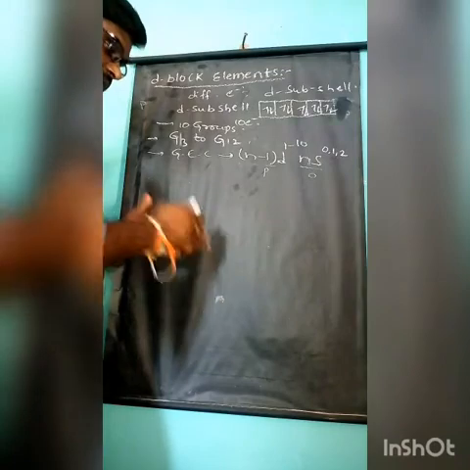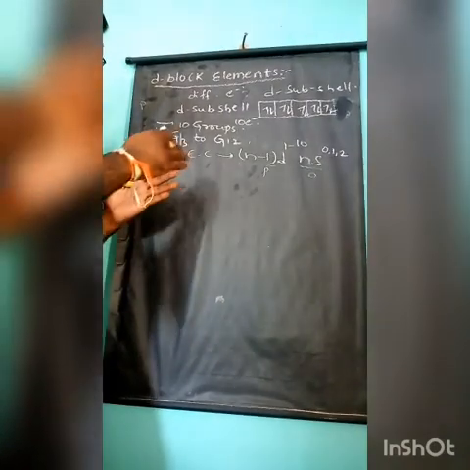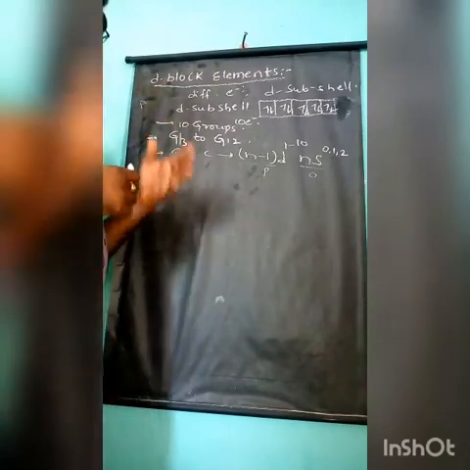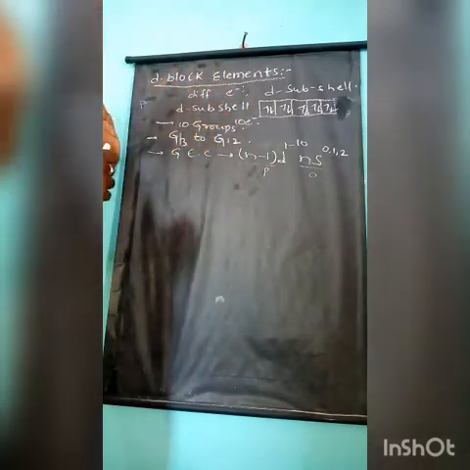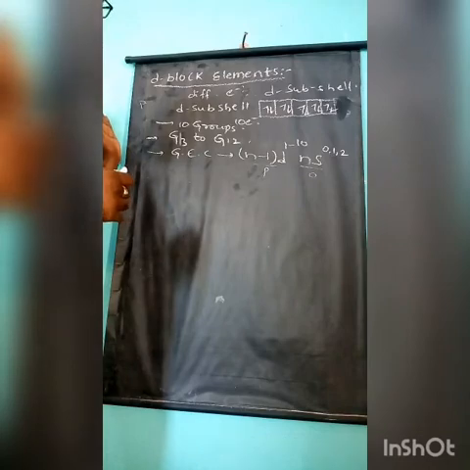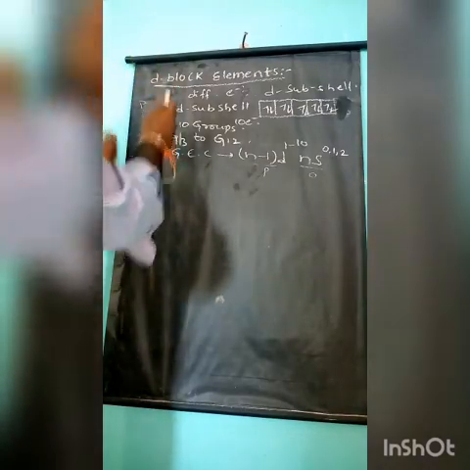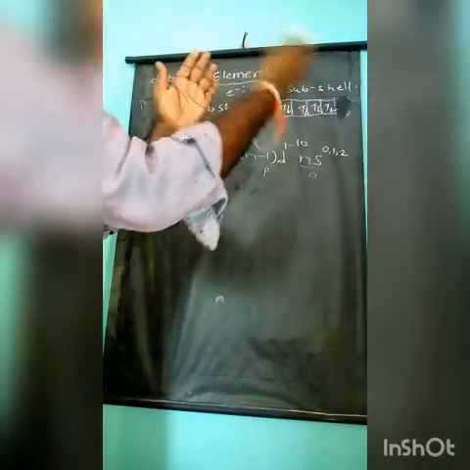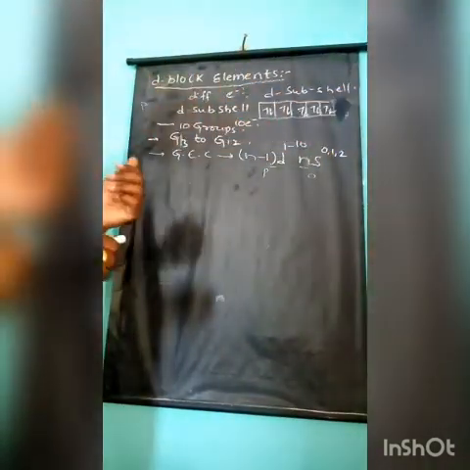So mid part of the periodic table, in the middle of the periodic table, they are located, whereas S block elements are at the leftmost corner of the periodic table, G1, G2. P block, G13 to G18, are located at the rightmost of the periodic table.